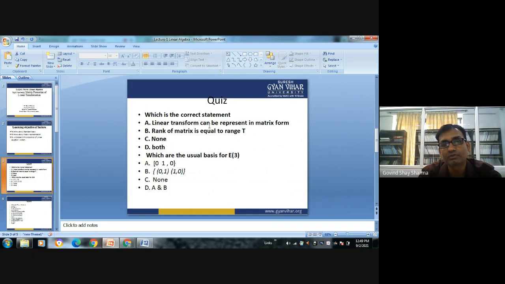Which are the usual basis for E3? E3 has the elements in the form of three tuples. So 0, 1 and 1, 0, and 0, 1 is the basis when the number of tuples is 2. So A is the right option because the tuples are 0, 1, 0.